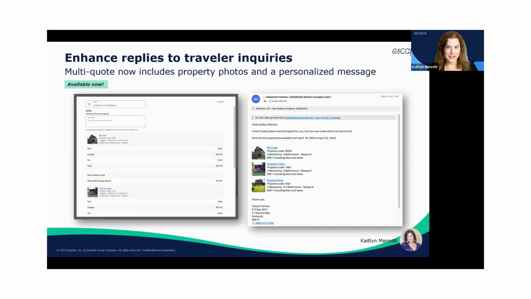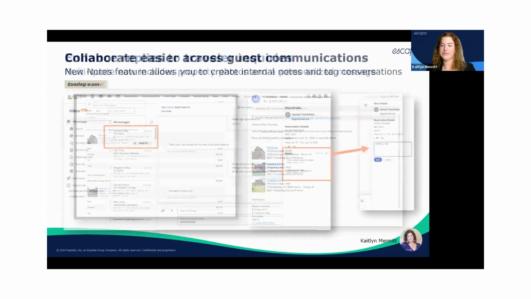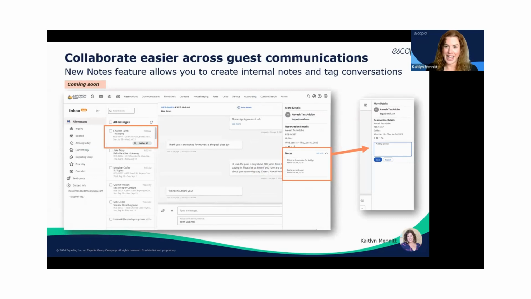So we've talked about a lot of fun things in Communications Hub, but now my favorite part is talking about what is coming soon. So coming soon, as you've used Communications Hub, you have realized that, hey, there's so many of us using Communications Hub, and we want to be able to add who is working on a conversation.